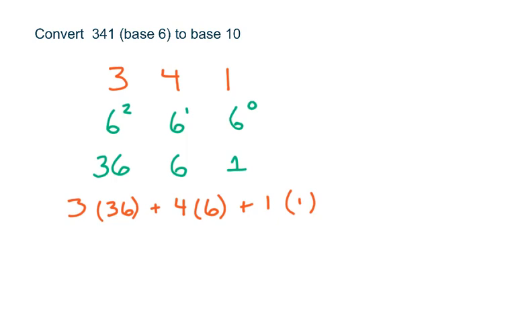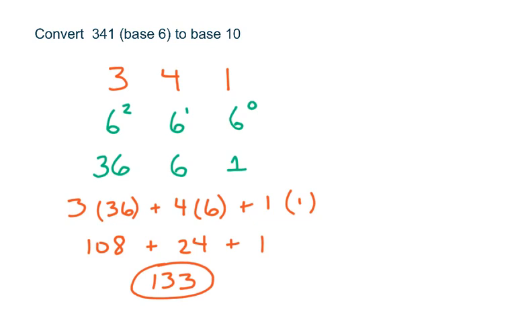The 3 36s will be 108, the 4 6s would be 24, the 1 1 would be 1, and then when we add all that together, our number is 133 in base 10. So we just converted 341 base 6 into base 10. We had 3 36s, 4 6s, and 1 1. And when we put that all together, it has a value of 133 in base 10.